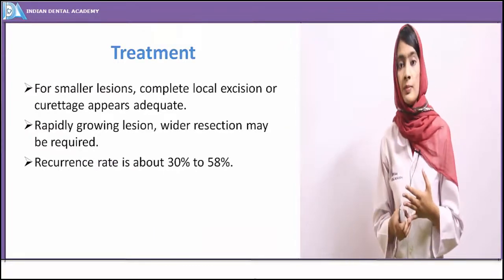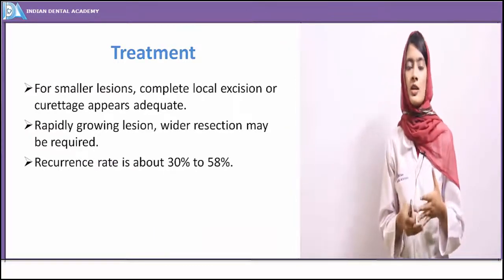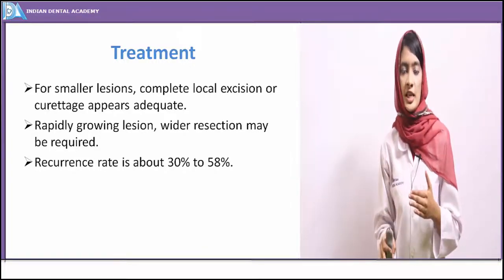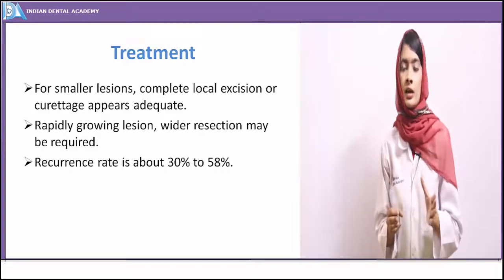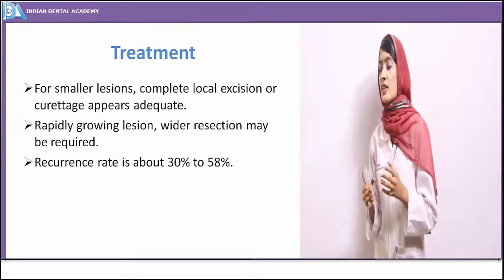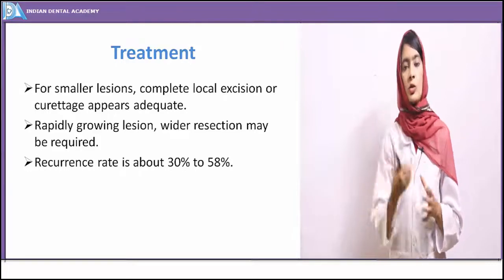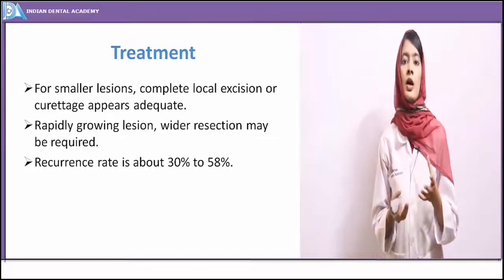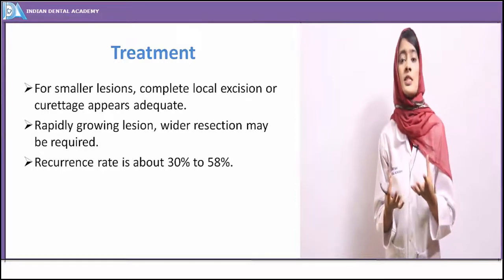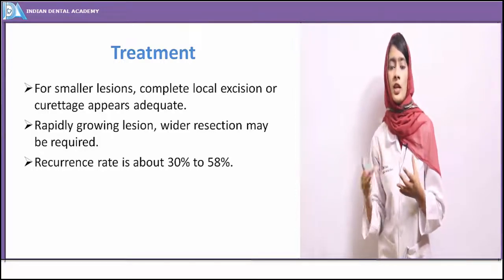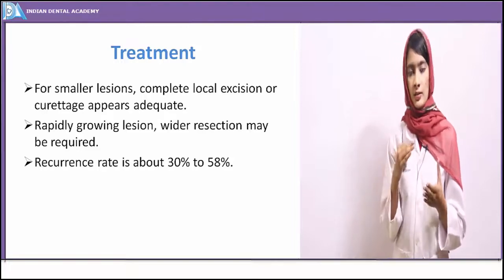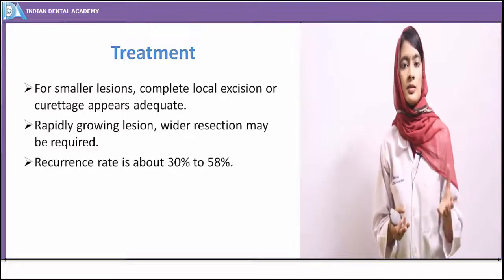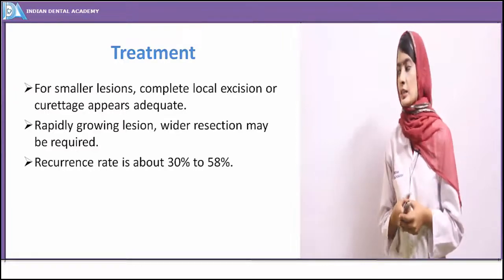Coming to the treatment for juvenile ossifying fibroma, smaller lesions which are not producing any facial asymmetry or pain are to be just curetted, whereas larger lesions which involve a greater amount of orbital or frontal bone and produce exophthalmos and nasal obstruction have to go for surgical resection. A wide area of resection has to be done, and the defect has to be corrected.